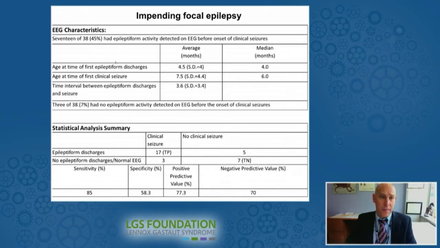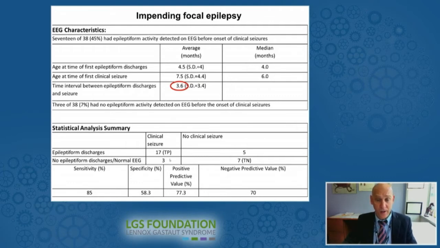The 17 of the 38, almost half, had epileptiform activity detected on EEG before the onset of their clinical seizures. And this occurred at an average of about 3 months prior to seizure onset. And there were 3 false negatives, so there was no abnormal EEG, but they developed clinical seizures anyway. That may have to do with the sampling rate or with the duration of the sampling, because this was just regular routine EEGs.